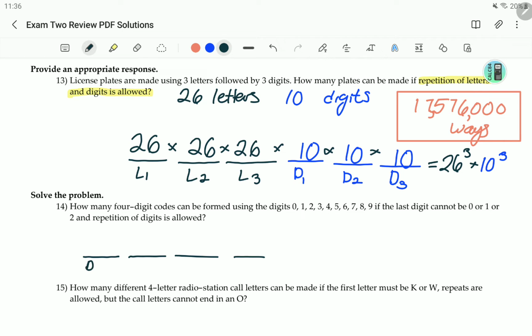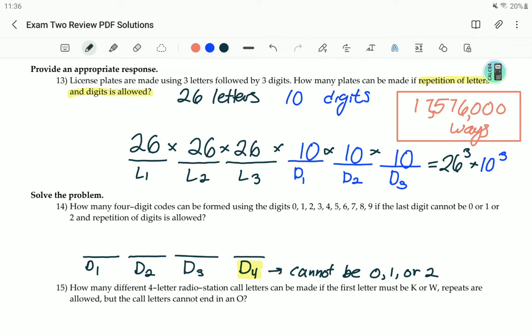Digit 1, digit 2, digit 3, digit number 4. There's a restriction on digit number 4. And the restriction is it cannot be a 0, 1, or 2. So I'm going to write that down right here. Every other digit is fine the way it is.